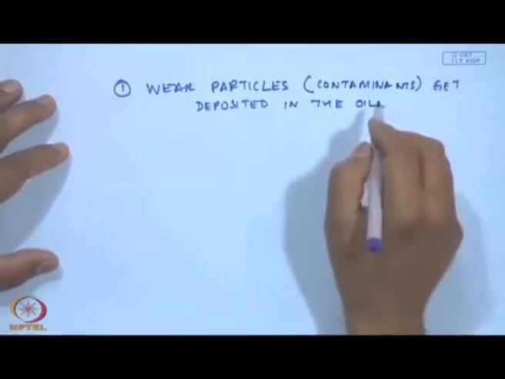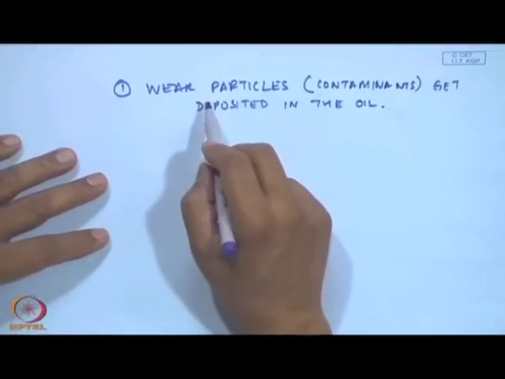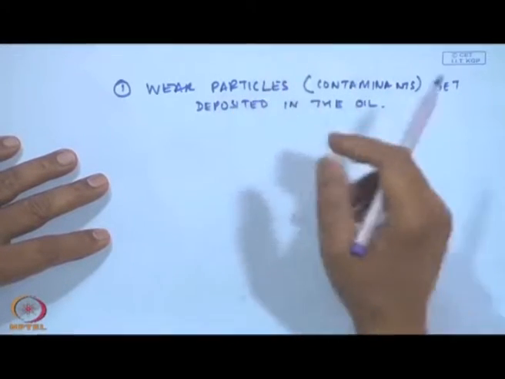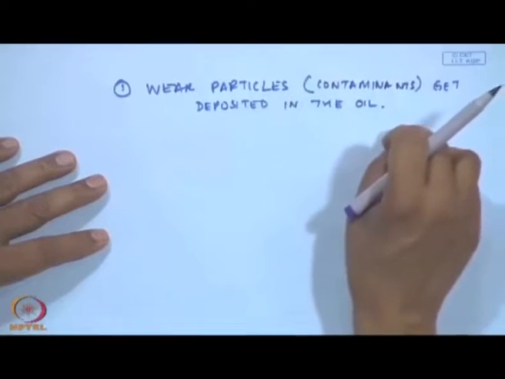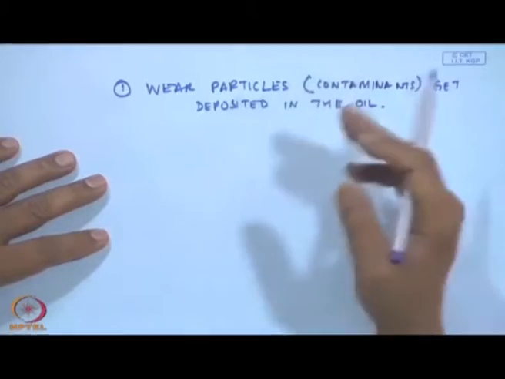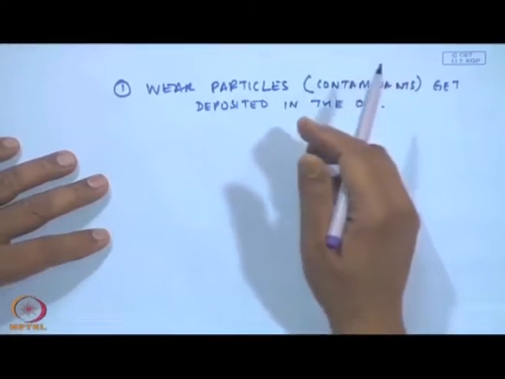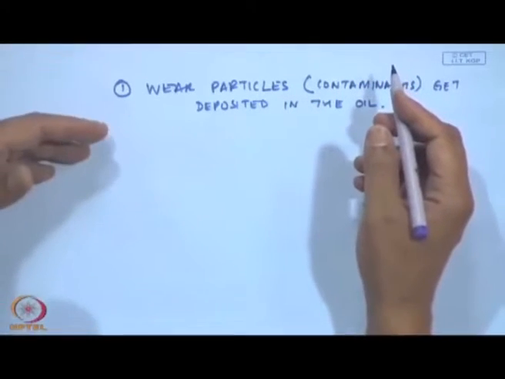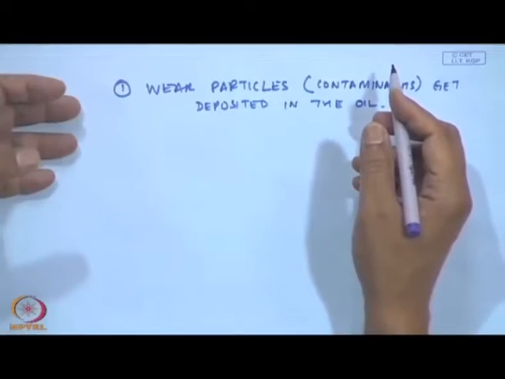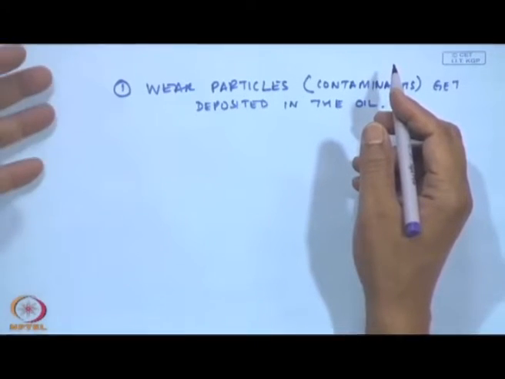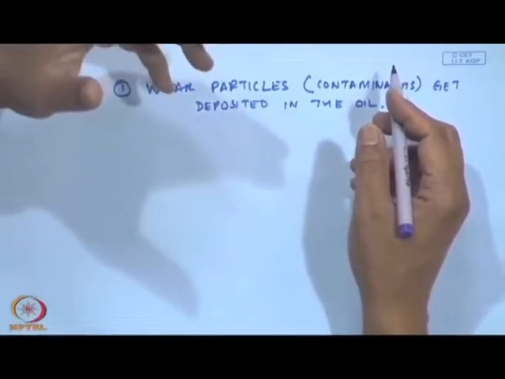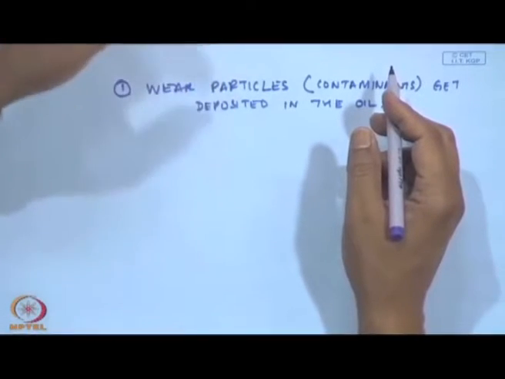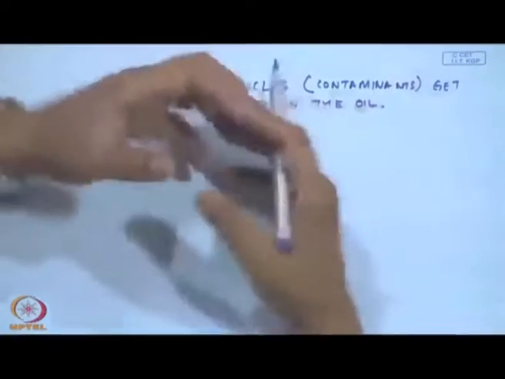Okay. So, the concentration of the wear particles, the nature of the wear particles, and the rate at which they have been deposited in the oil give us some clue as to what is wrong with the parent material from which they have worn out, maybe because of excessive load, because of less lubrication, because of temperature effects. So, these are factors which are responsible for the wearing out of these particles from the mating members.